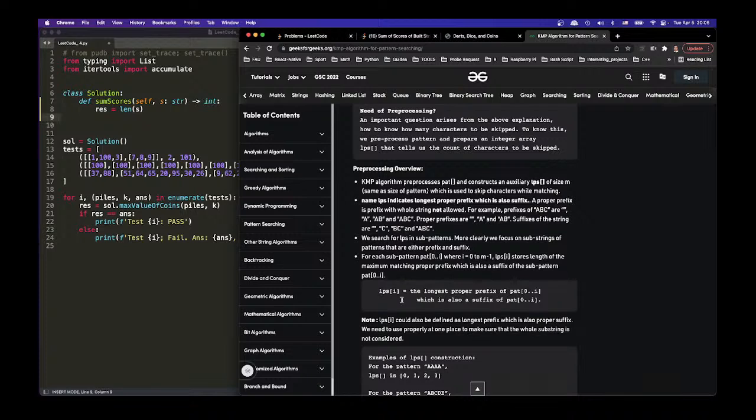Hold on, let me think again. Was this the longest proper prefix? Given 0 to i, the longest prefix that is also the suffix. That's exactly what this problem is looking for. At each position, we're saying this, but in fact we want prefix and prefix.